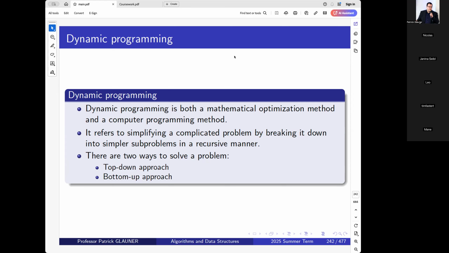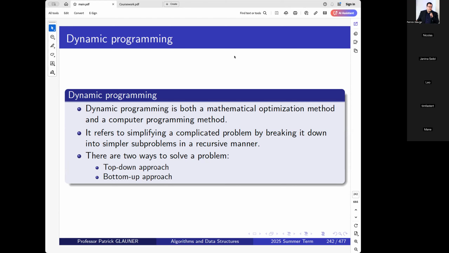Dynamic programming, more from a very generic perspective, is a mathematical optimization method and also a computer programming method. For example, in operations research, it describes a huge set of methods for mathematical optimization.